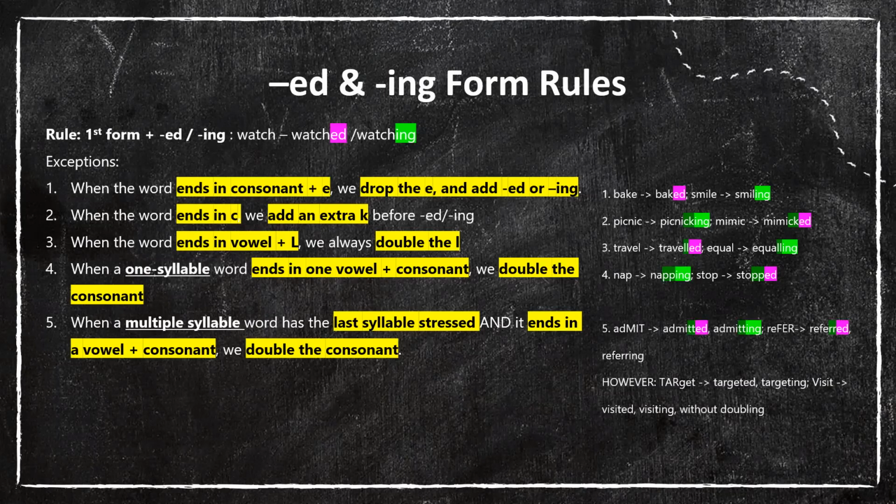So for example, admit, we stress the last syllable, therefore we double the last consonant because it has an I and a T at the end. Admitted, admitting. Refer, once again, the stress is on the last syllable, and it ends in a vowel plus a consonant. So we have referred and referring.